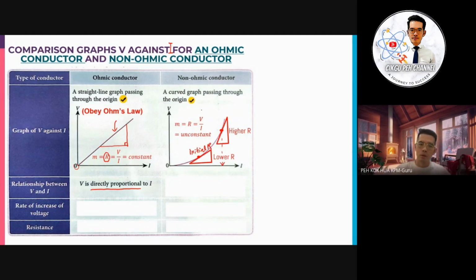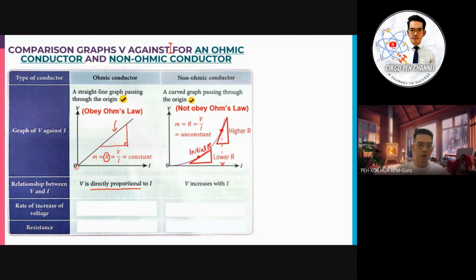So the conclusion here is the gradient is not constant, so the non-ohmic conductor does not obey Ohm's law. The relationship between V and I through the graph is that V increases with I.